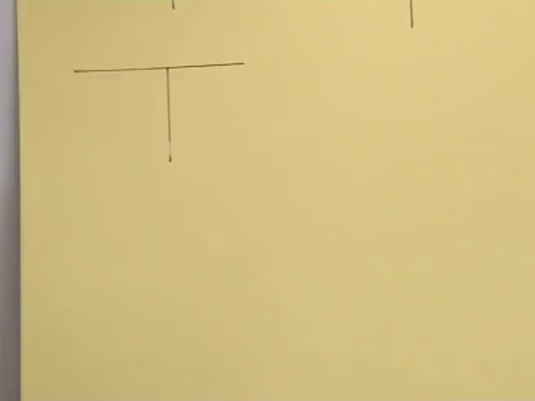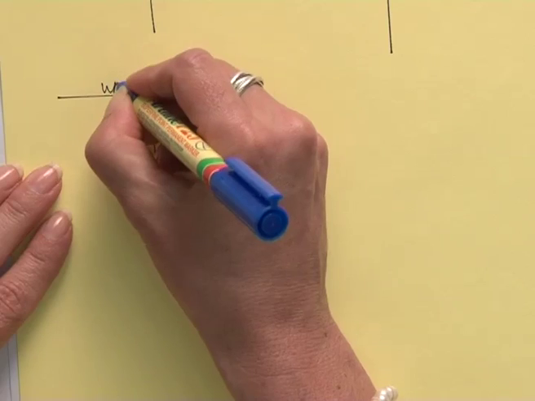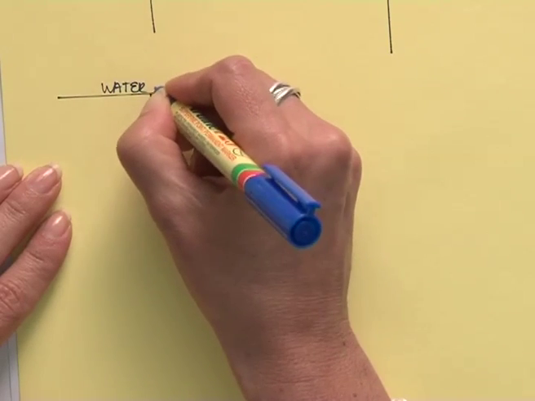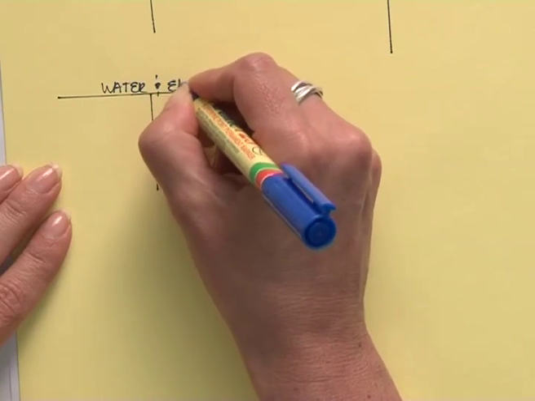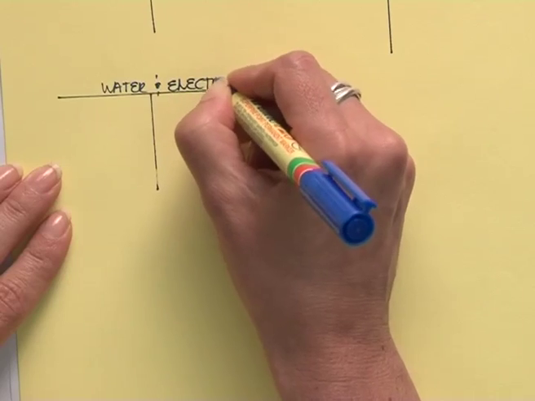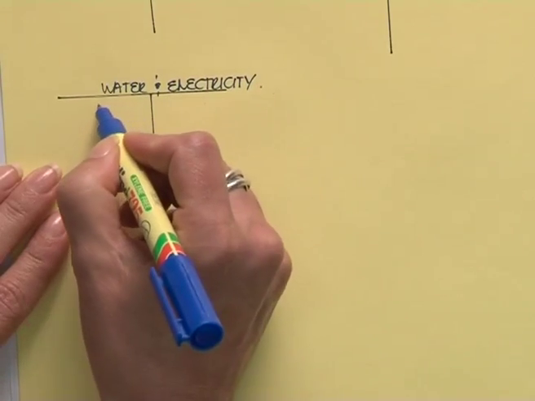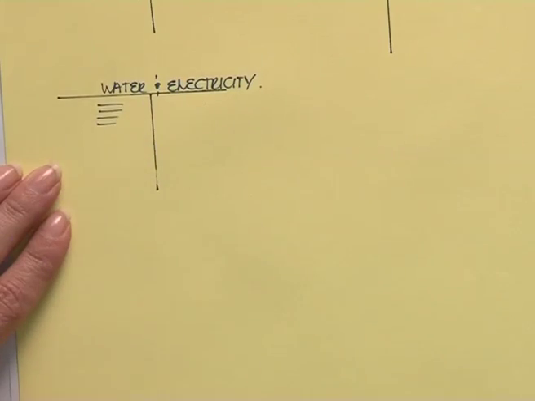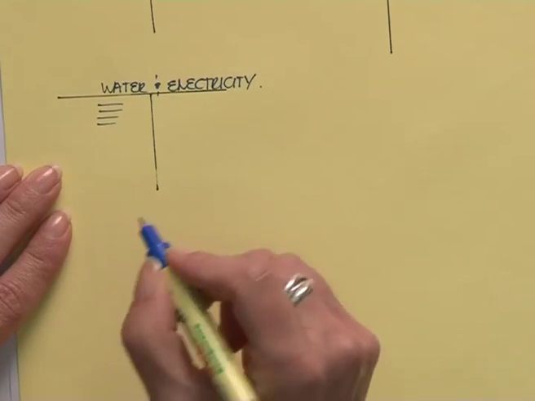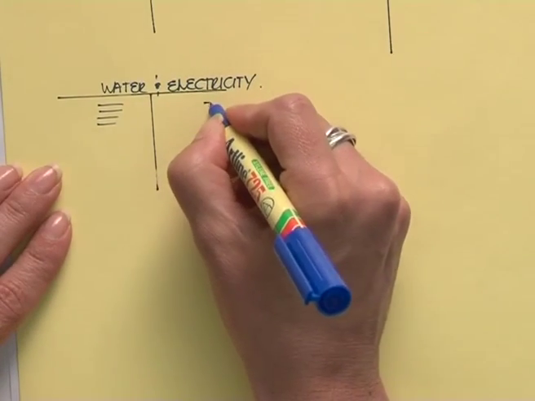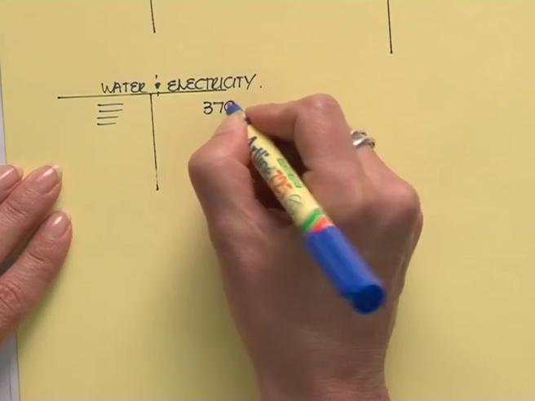So if I have a look at the T account for water and electricity, water and electricity will have entries on the debit side because it's an expense. And now they tell me they included the account on the credit side.